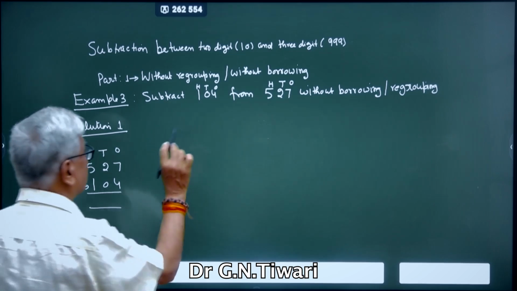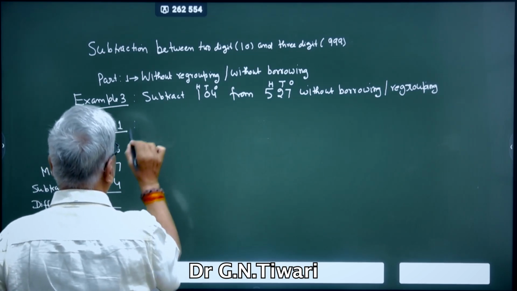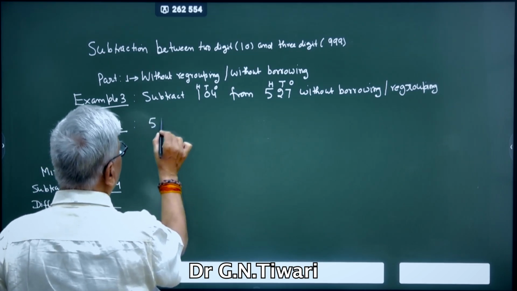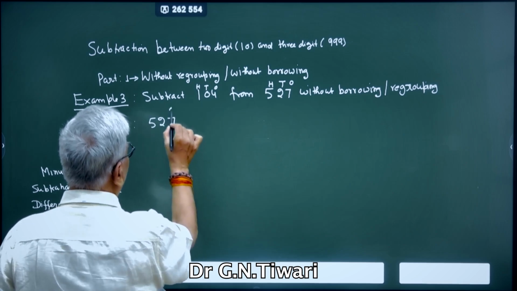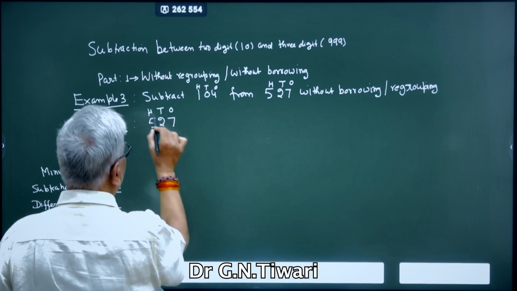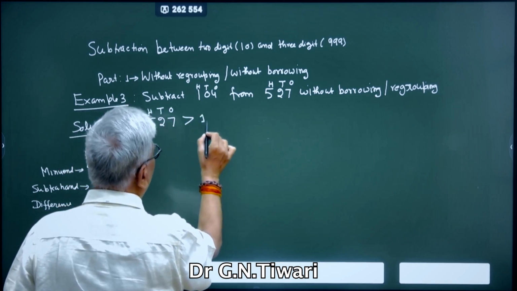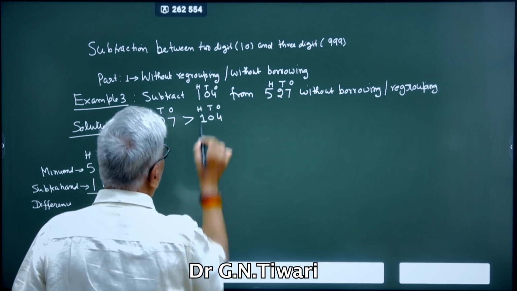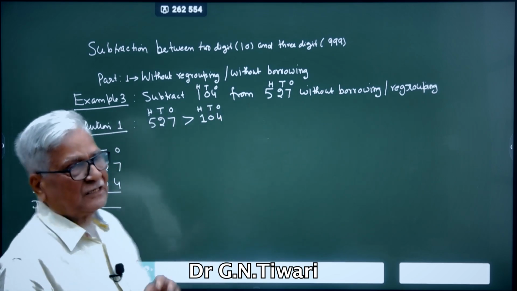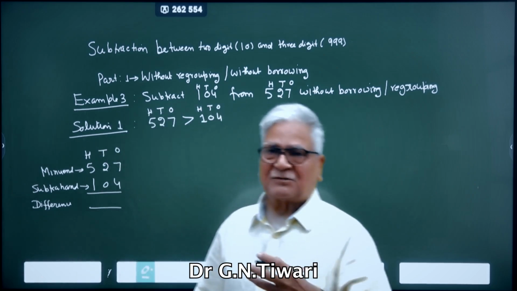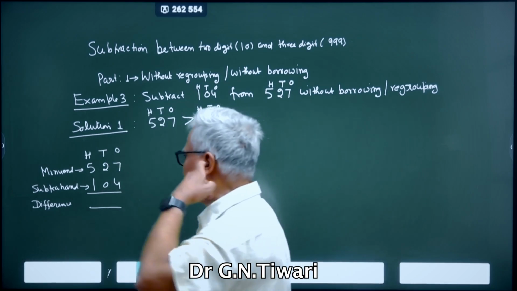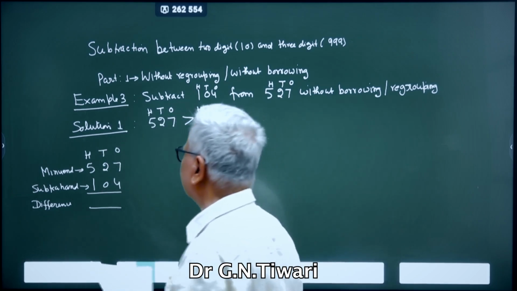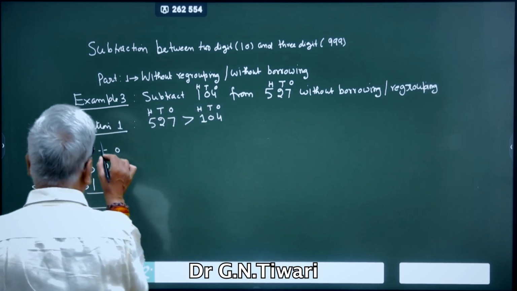Now see the condition here: 5 to 7, OTH, is greater than 104. This is very, very important for the children to note, because the lower number is always subtracted from the higher number. Now this is step 1.